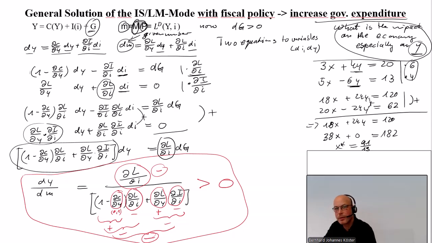So also for fiscal policy, we obtain a positive dependence. Sorry, this has to be changed. Now we are doing fiscal policy. And now we have also analytically shown this positive impact of fiscal policy on overall income.